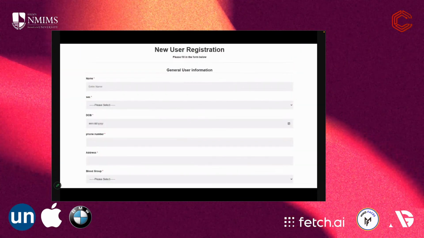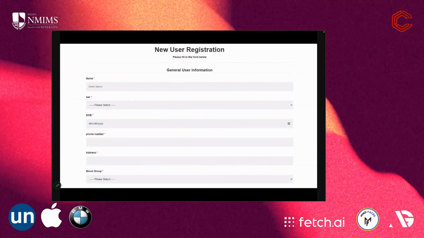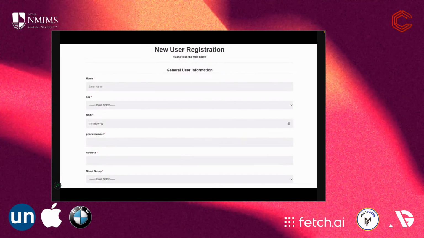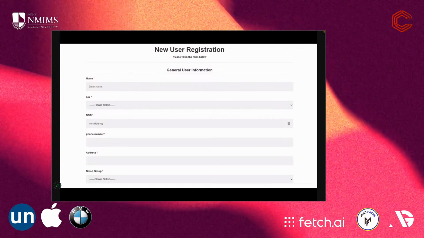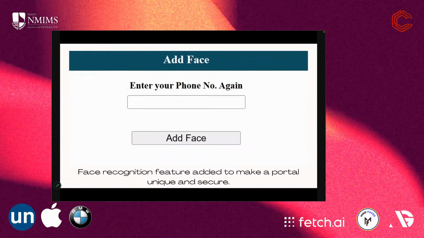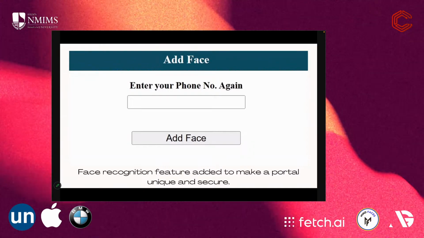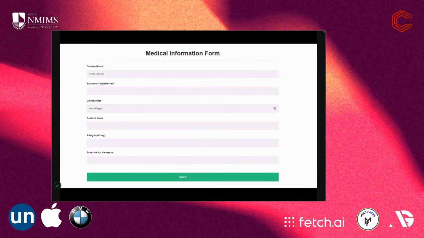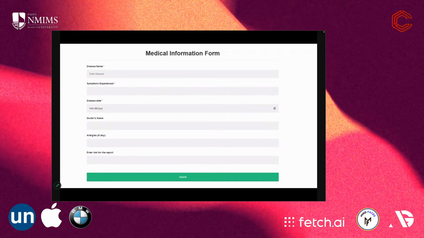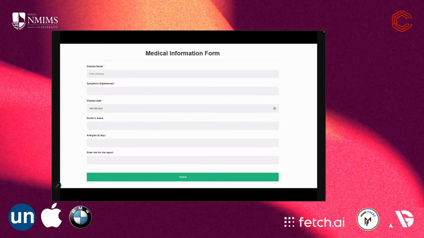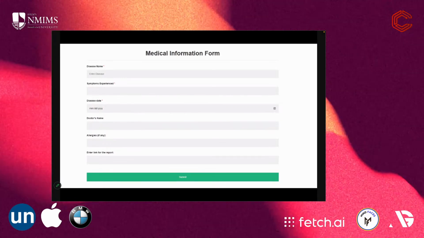When creating a new account, new users are required to fill out the registration form. Following this, they proceed to the next step where they need to scan their face. This additional step enhances the portal's uniqueness and security. After successfully logging in, the patient will receive a medical form. In this form, they need to provide information about their health issues and problems.